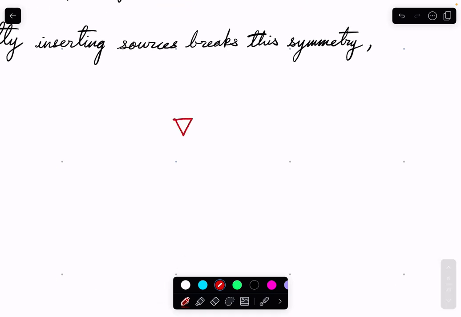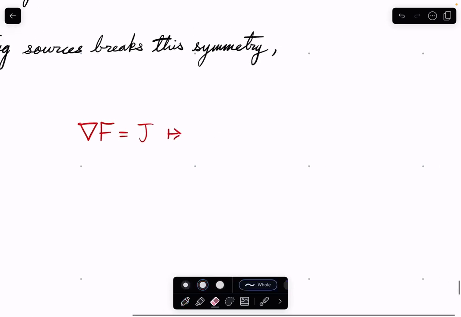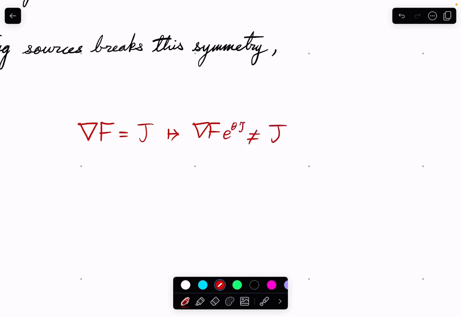Because if you have the gradient of F equal to J, then when you go to the next one, with e to the theta I, it is not true that these are equal.